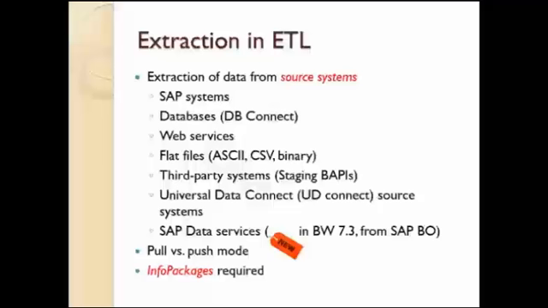The various source systems can be SAP systems, databases, flat files, web services, third-party systems, and so on. In other words, BW can extract data from all kinds of systems, not just from SAP systems, such as ERP.